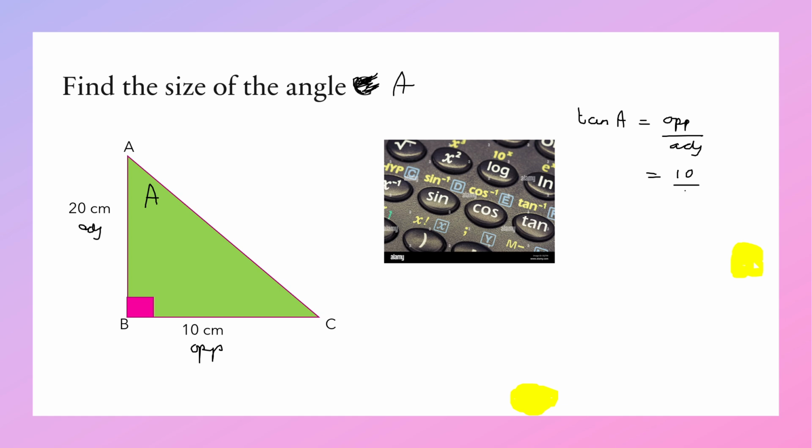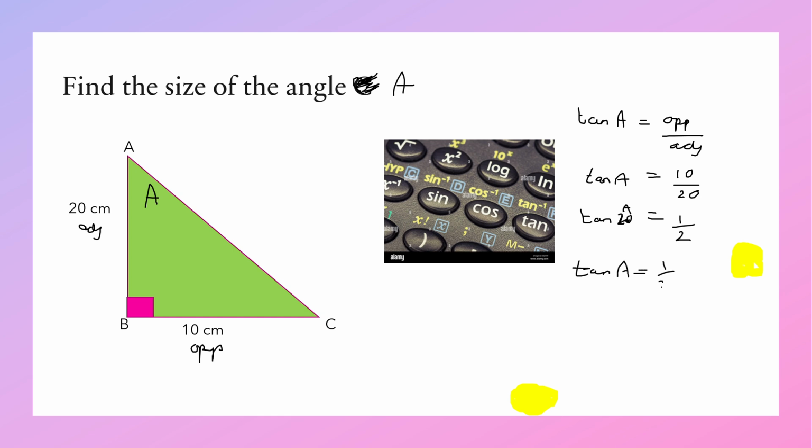So students might make a mistake and put adjacent over opposite instead. So make sure you're doing it the right way. I'm going to simplify that down. 10 over 20 is the same as a half. So if we've got tan A is equal to a half, again, what do we do?